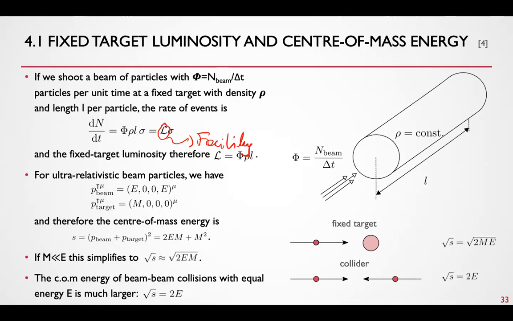Okay, so we have facility times physics. And it looks like the two are married here to produce event rates. Okay, that's what I want to say about luminosity and cross-section.